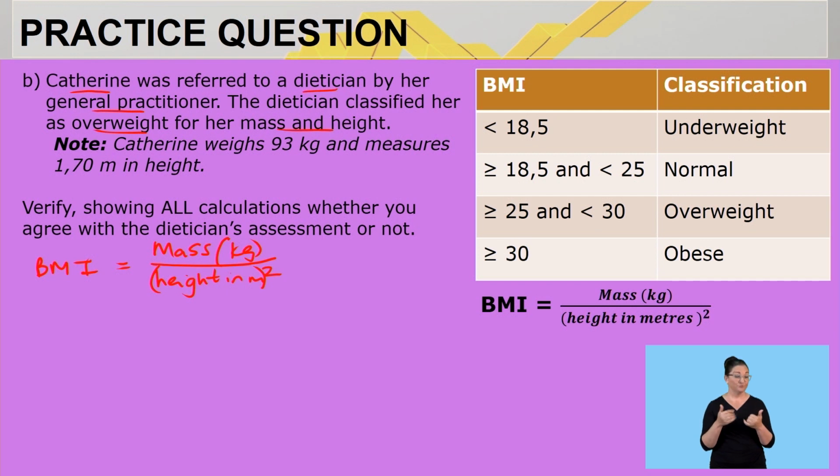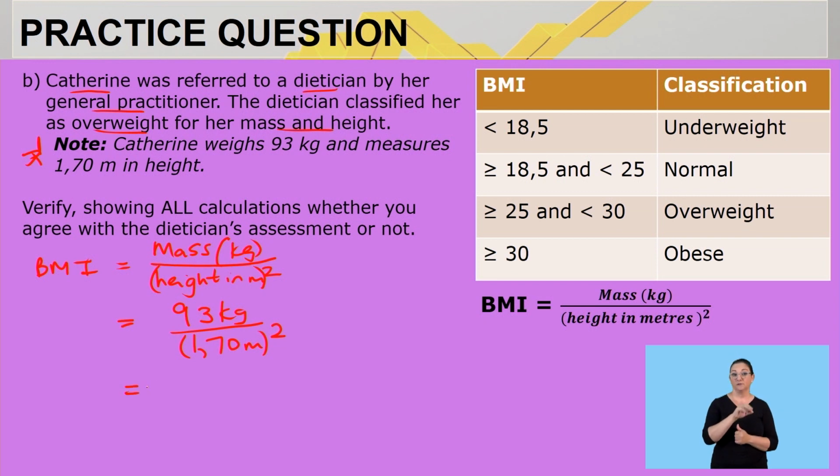Are we clear? I'm going to substitute now. It says that Catherine weighs 93 kilograms, and her height is 1.70 meters. Remember to square this value. So let's type this in: 93 divided by 1.70 squared.